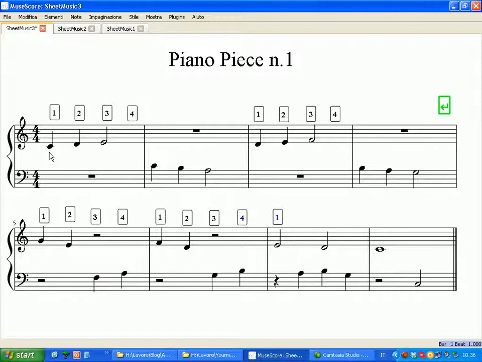Then we arrive on the seventh bar, in which we have two half notes. So of course we are going to write the first beat on the first half note, then the second beat halfway through the first half note, and the same applies also for the second note. So the third and the fourth in this situation.